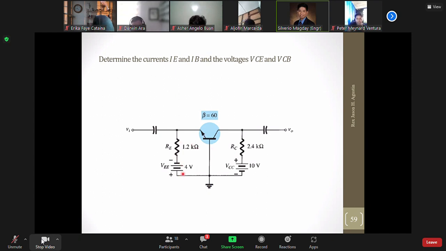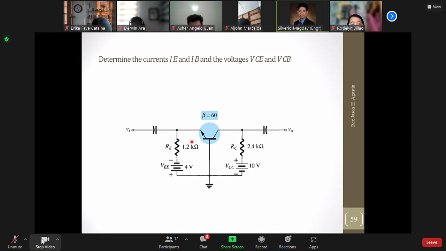So, 4 minus VBE, and then plus, it's calculated now. So, divide mo lang ng 1.2, masosolve mo na si IE. Tapos knowing that your relation ng IE tsaka ng IB, beta plus 1 times your IB is your IE, masosolve natin si IB.